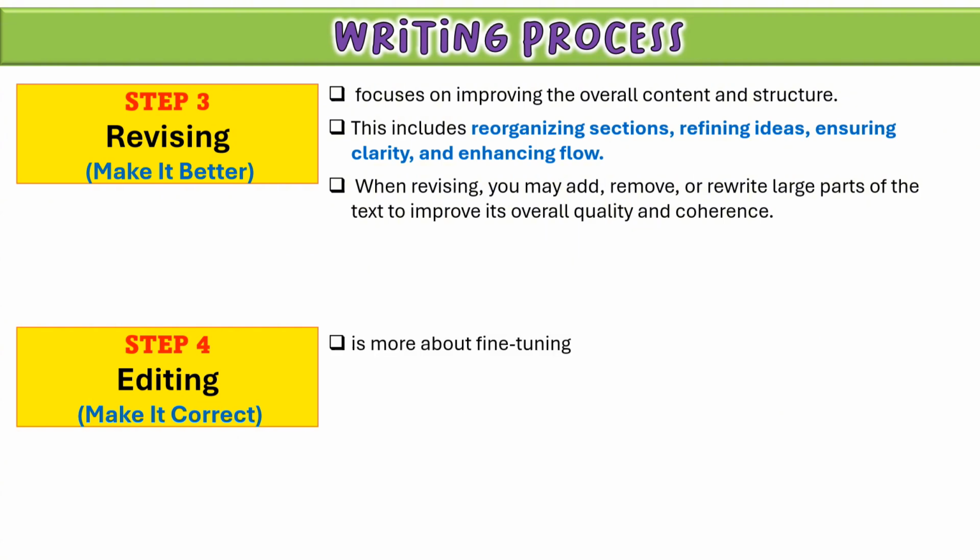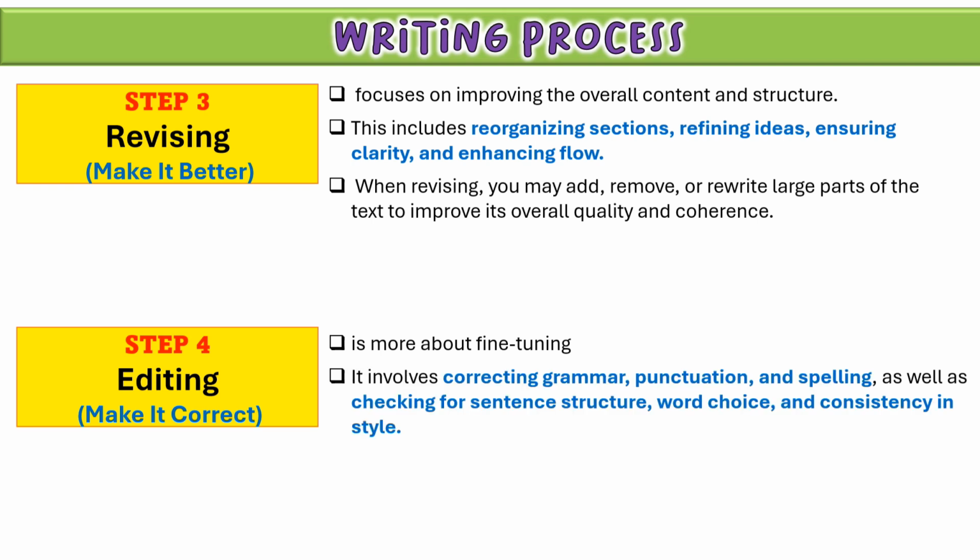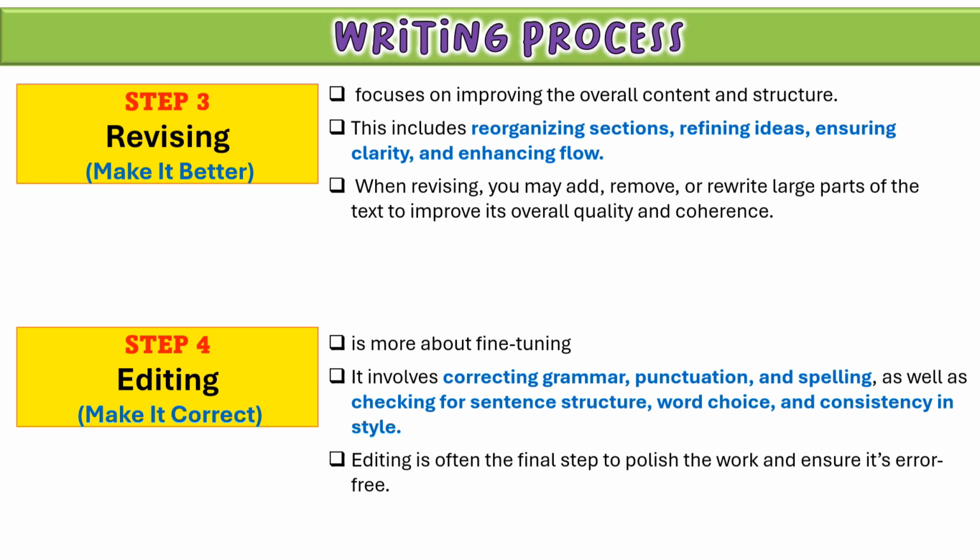Editing is more about fine-tuning. It involves correcting grammar, punctuation, and spelling, as well as checking for sentence structure, word choice, and consistency in style. Editing is often the final step to polish the work and ensure it's error-free.